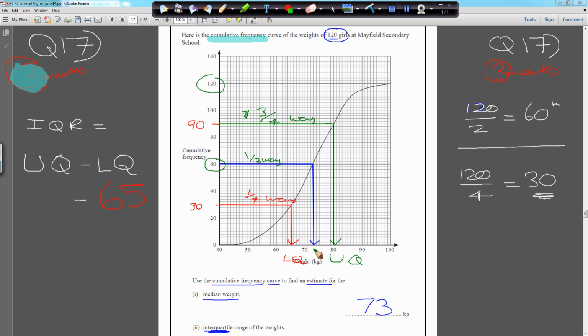I think it's exactly 80, yes, it's on the line. Now 80 minus 65 gives us 15. 80 take away 60 is 20, take away another 5 is 15.